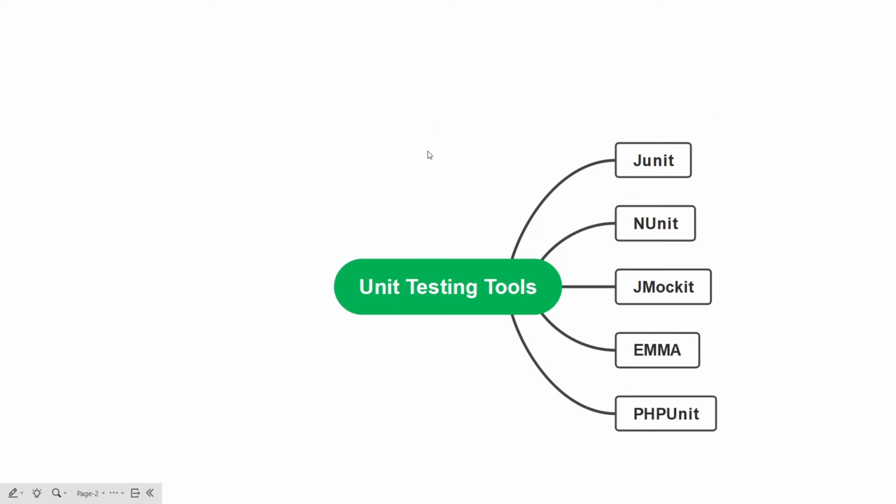Not in detail, but you should have basic knowledge. If the interviewer asks what the use of that tool is for unit testing, you should have an answer like this.